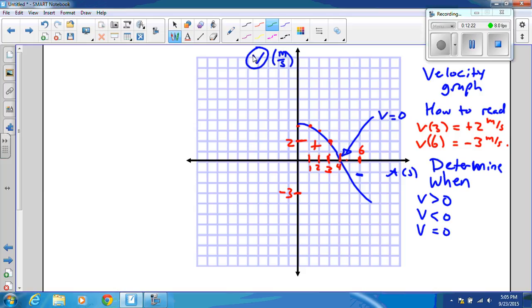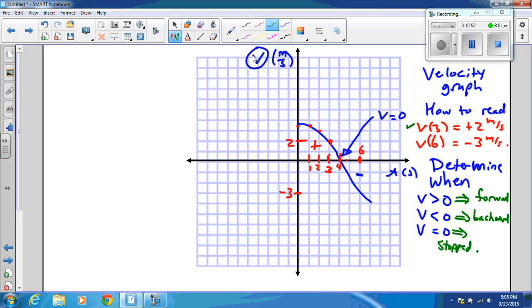Having determined when the velocity is positive, negative, and 0, we can then interpret that in terms of forwards or backwards or stop. Anytime the velocity is positive, the object is moving forward. Anytime the velocity is negative, the object is moving backward. And anytime the velocity is 0, the object is stopped.